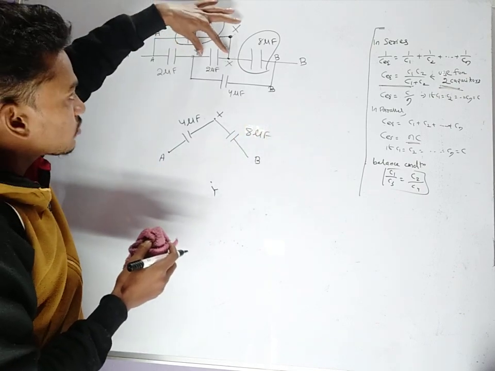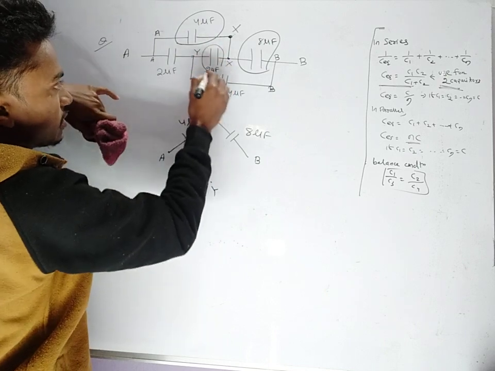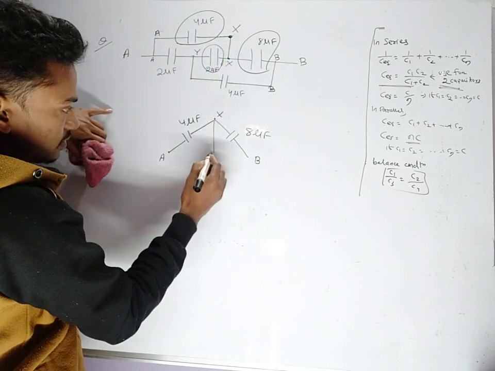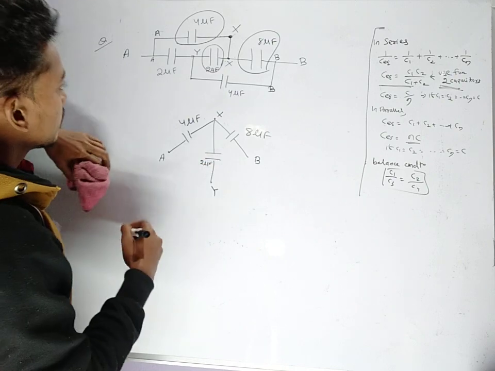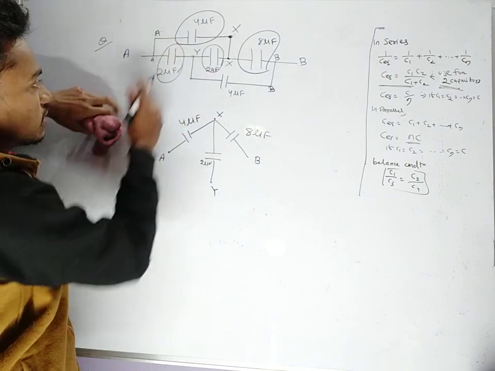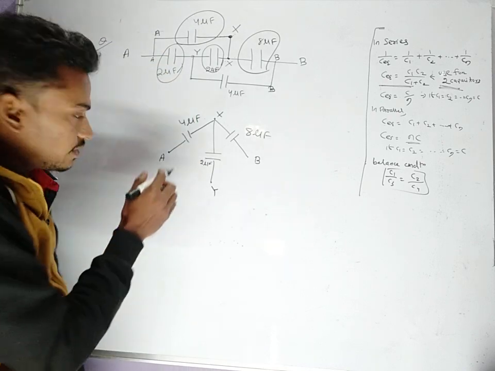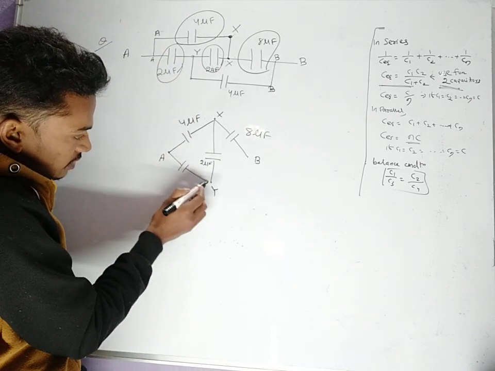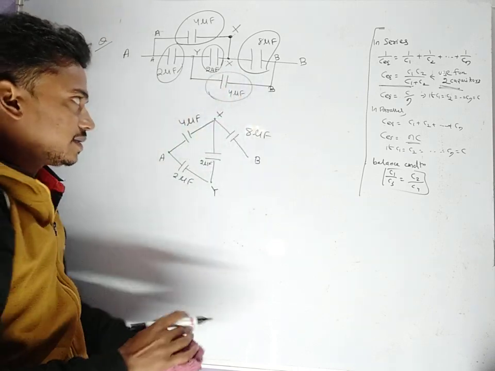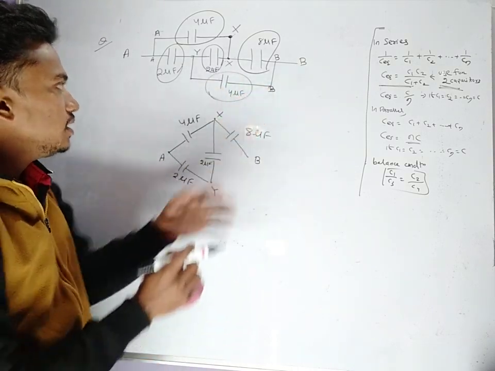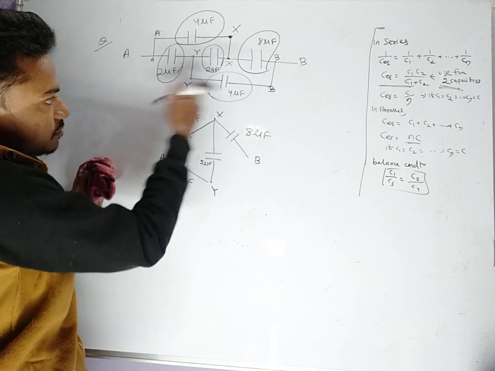And this 2 microfarad capacitor is connected between X and Y. This is the 2 microfarad capacitor. And this other 2 microfarad is connected between A and Y. So connect this 2 microfarad. And the remaining 4 microfarad capacitor is connected between B and Y.